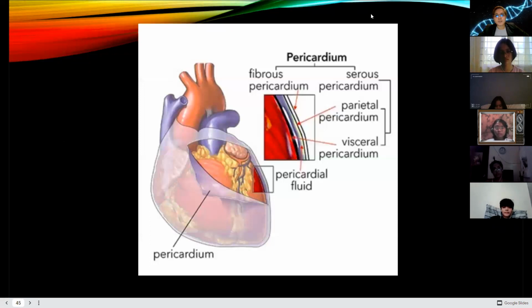So if you're going to look at your heart, this is the pericardium. Can you see my shared screen? Still, okay? This is the pericardium. The outer is called parietal, and the inner is called visceral.